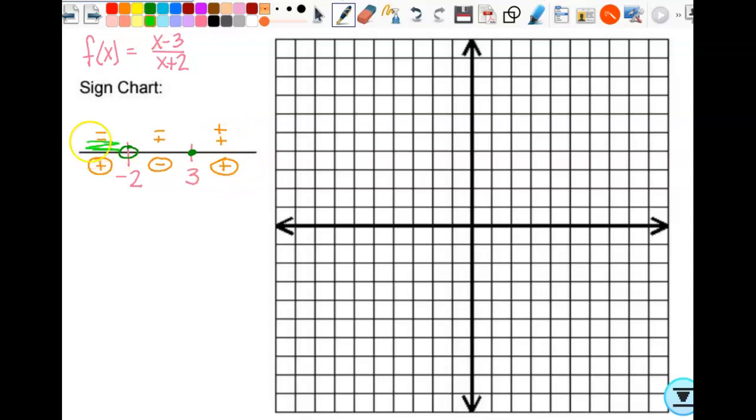Then I shade positive, negative, positive. Everybody with me? Okay, so on our graph, let's go put our asymptotes on here. We have one at x equals -2 and one at y equals 1.